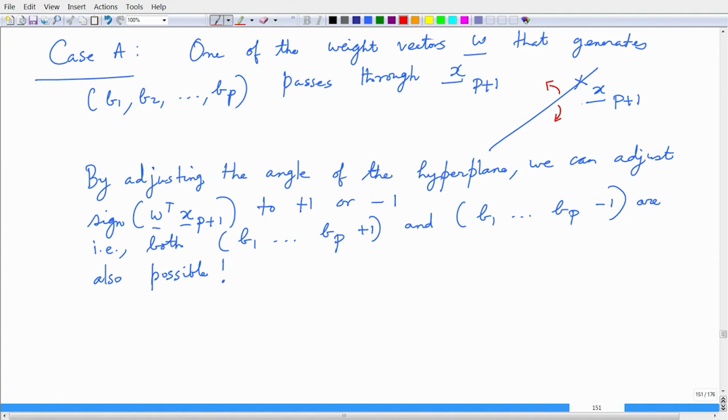But we need a sign for this. So, by adjusting the angle of the hyperplane, this is very important, we can adjust the sign of w transpose x_{p+1} to be plus 1 or minus 1, right. If I tilt this slightly like this, I have one position. If I tilt it slightly like this, I have something else. So, both these tuples b1, b2 and so on till b_p, with the last coordinate corresponding to the point x_{p+1}, being plus 1 or minus 1 are possible.